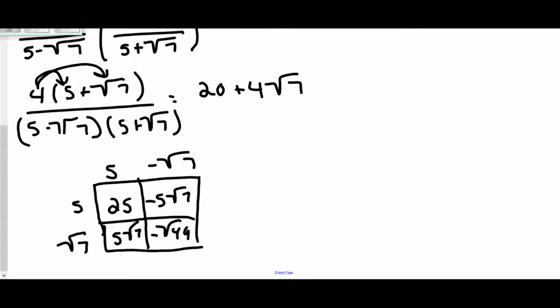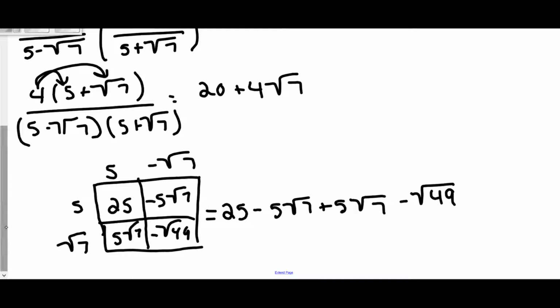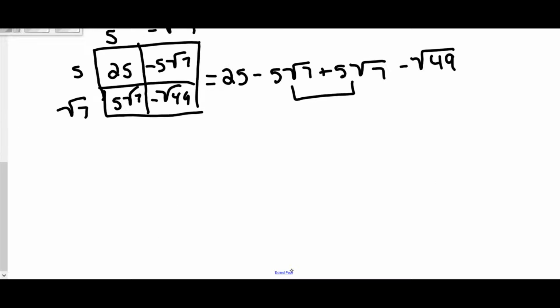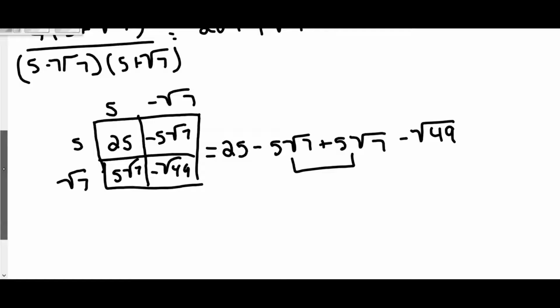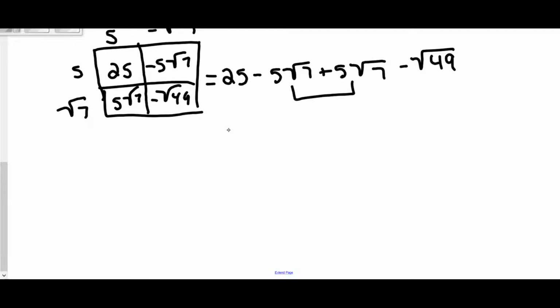So I just multiplied my way through the box, and I got my product as 25 negative 5 rad 7 plus 5 rad 7 minus rad 49. Right in the middle here, minus 5 rad 7 and positive 5 rad 7 are just going to cancel, and that's going to leave us with 25 minus rad 49. 25 minus rad 49 is going to turn into 7.